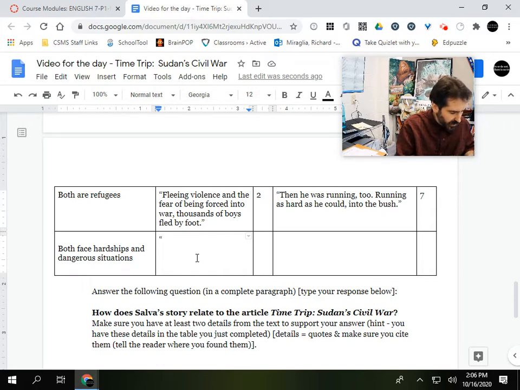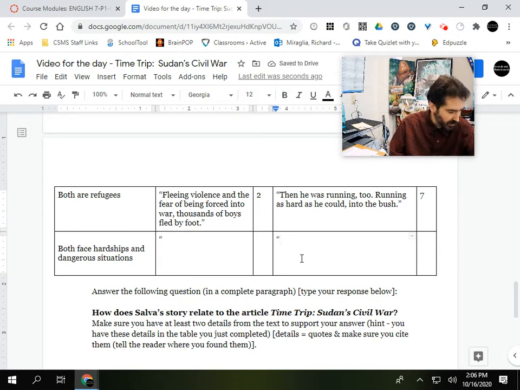Could be when he was left, when he was sick from the food, or when he was hungry. Okay, so you want to take a moment and look for a good quote, like I'm doing now. This is good right here. This is for Salva. It's on page 23.